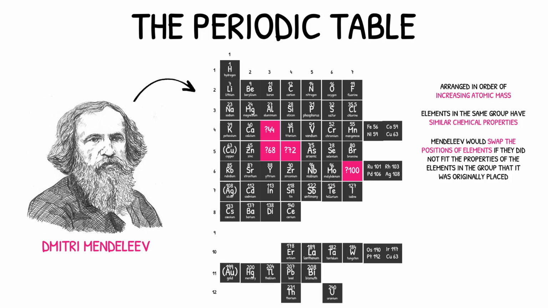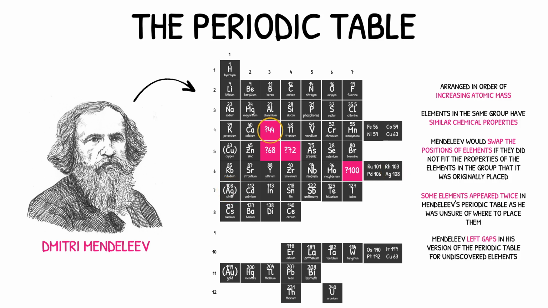In some cases, Mendeleev was unsure of where to place an element, and so it would appear in the table twice. He would also leave gaps in his table for elements that were yet to be discovered, and he made predictions about their properties based on where they were positioned. What was most incredible about Mendeleev's work was that the elements he made predictions about were later discovered, and with the properties that he predicted them to have.